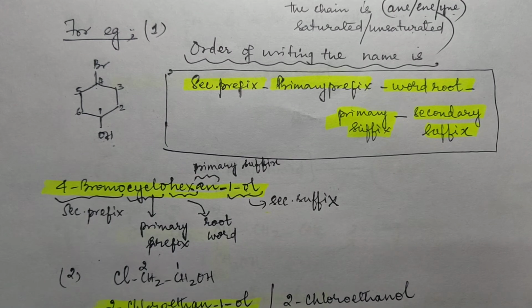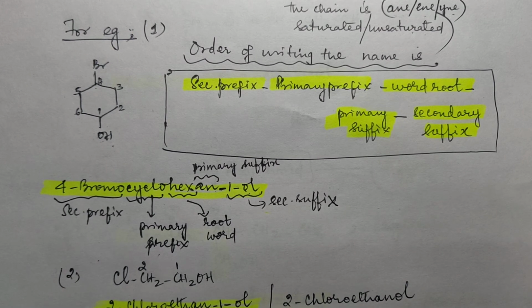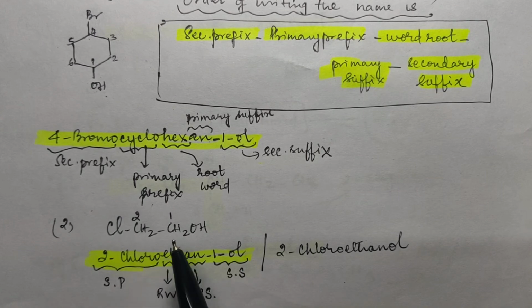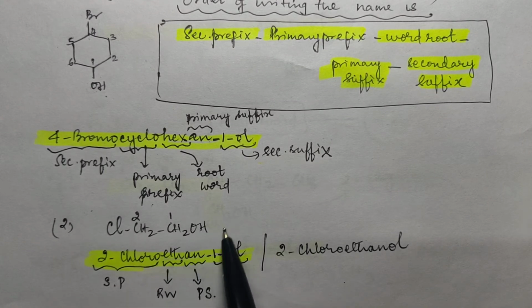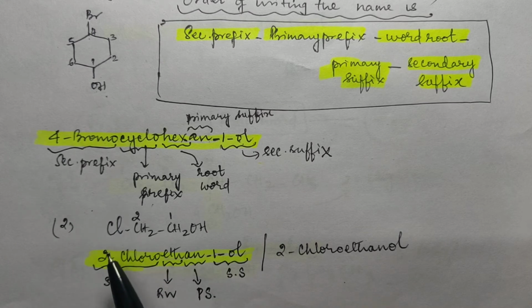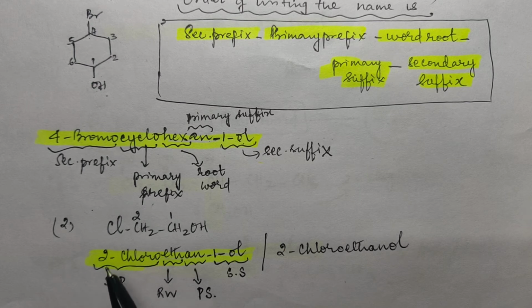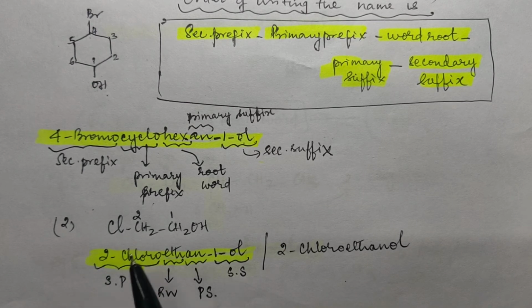Now let's take one more. This is a quite simple one. Now you are having OH and Cl. And I already told you halogen group is a substituent. It is not a principal functional group. Right? If that is the only one, then you may consider it as a functional group, but otherwise it is considered as a simple substituent.